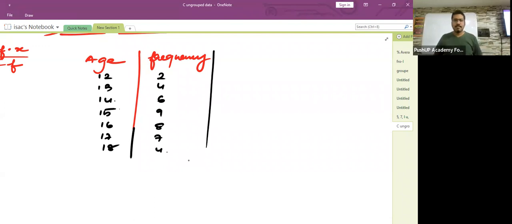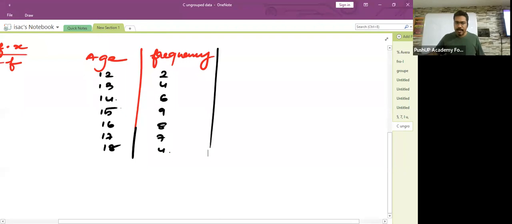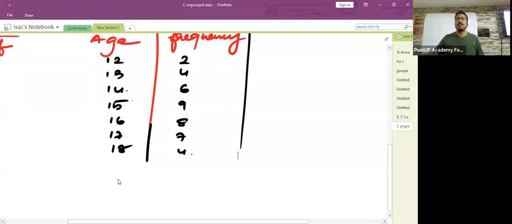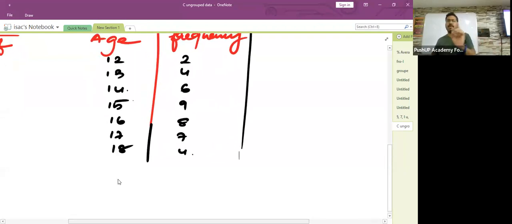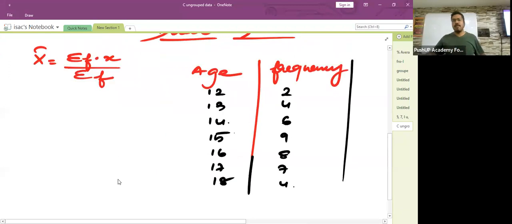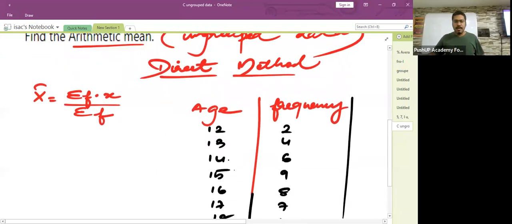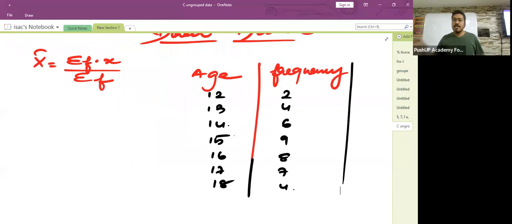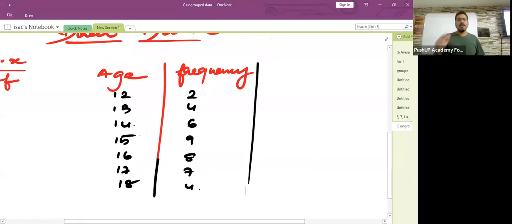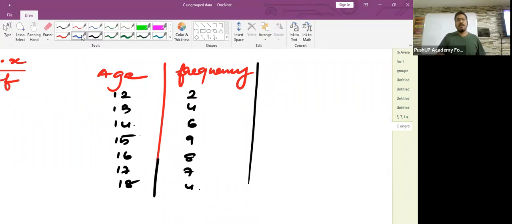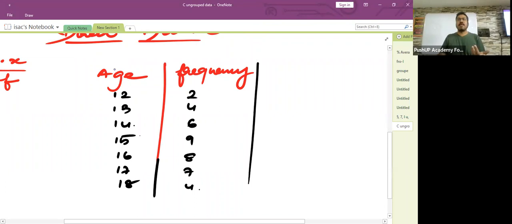Noted it? Now, look at the formula which I mentioned before, direct method. What is the formula? Sigma f into x upon sigma f. Now, children, sigma f into x. I'll talk about sigma later on. First of all, let me talk about f into x. Children, what is x over here?